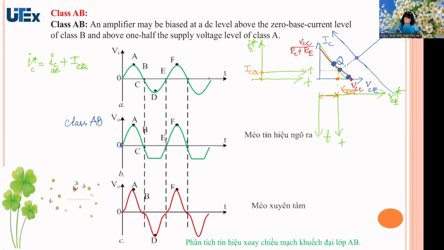The input signal with the information A, B, C, D. For example, this is input A, B, C, D, information. And this information to make, we are draw. Following me.